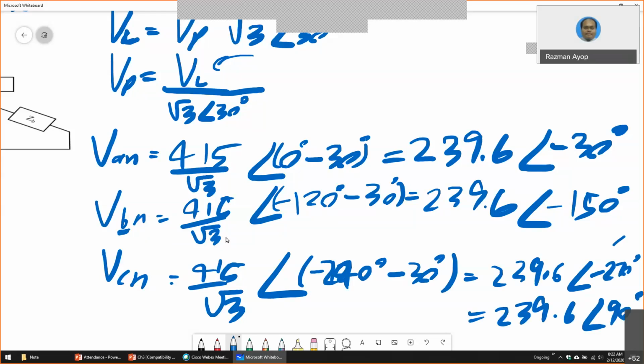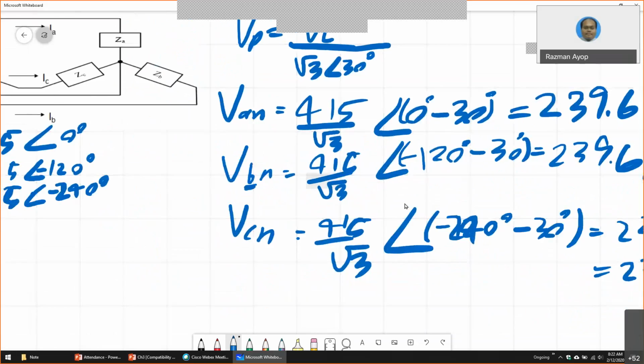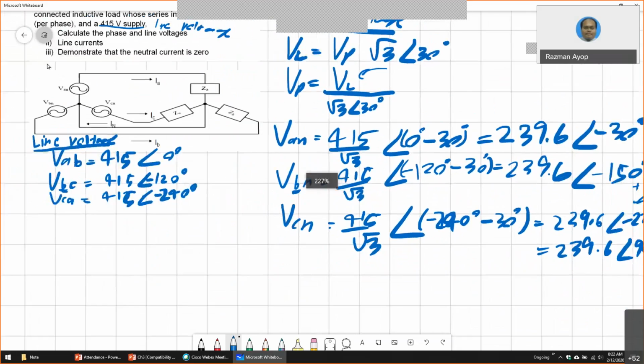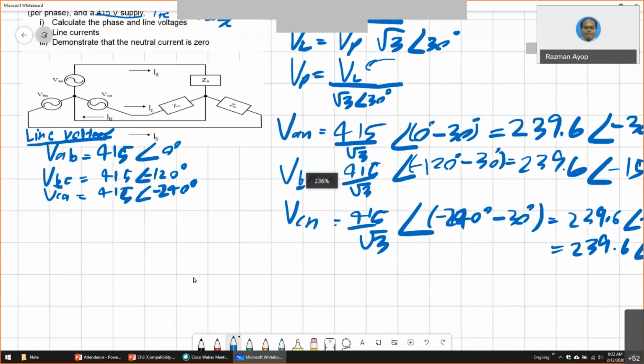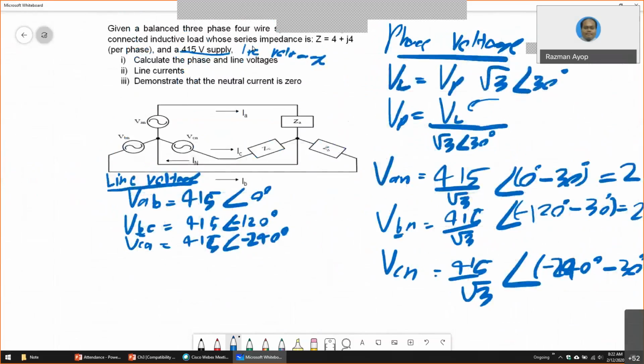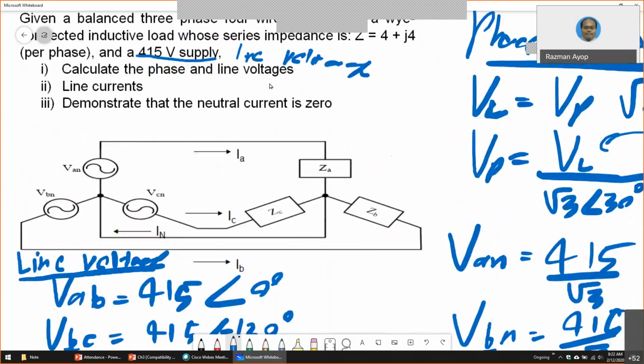Remember this is just plus 360. The answer is still the same, just your preference. So you already get the phase and line voltage. Now find the line current.